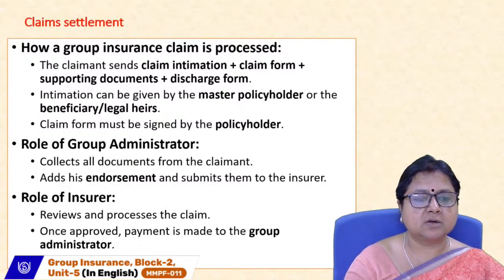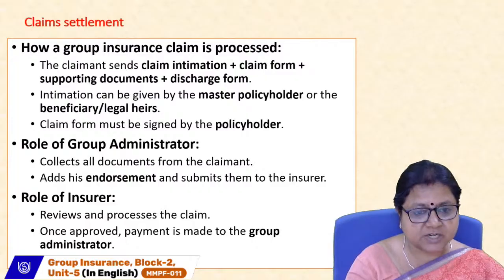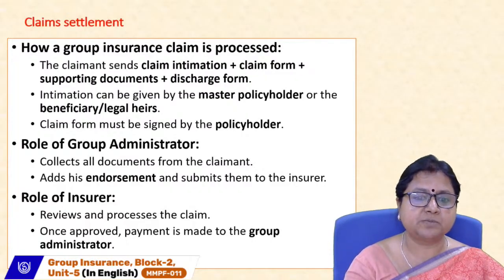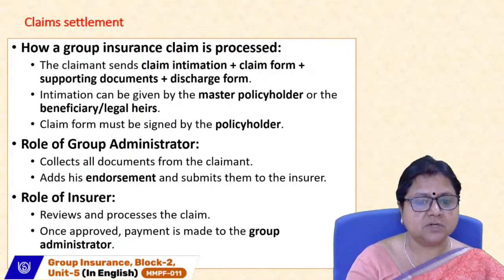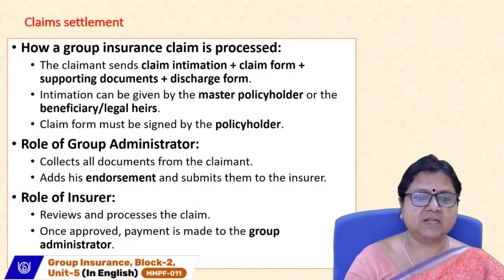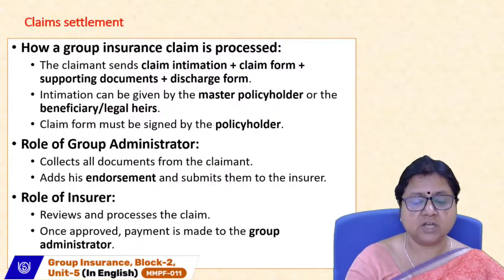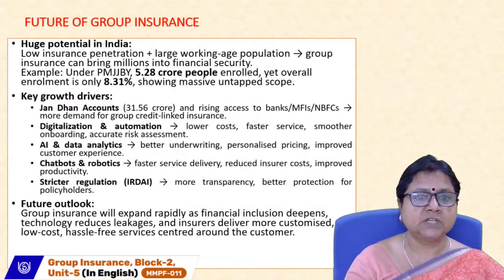Here the role of the group administrator is more important because he is the person who is going to file the claim. The role of the insurer is to review, process the claim and get it approved, and then the payment is made to the group administrator.